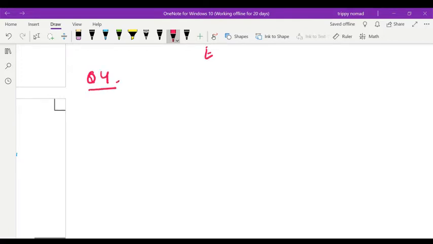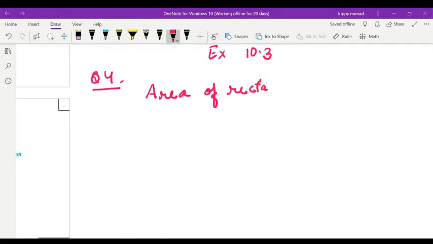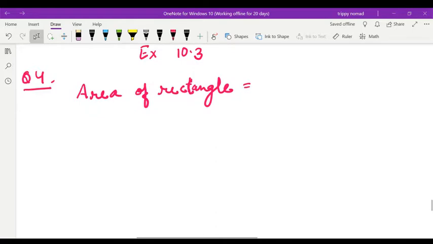Exercise 10.3. Area of rectangle. What is that? Area of rectangle given, 300 square meter.